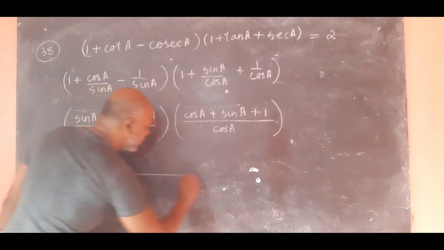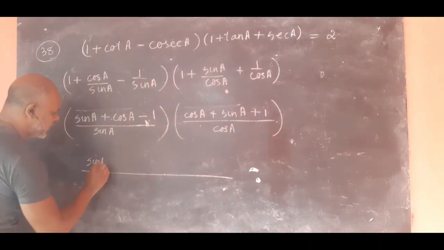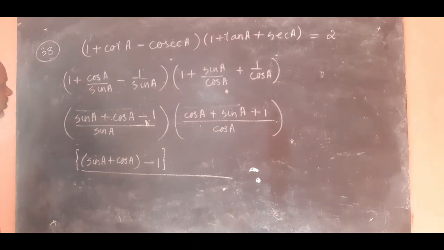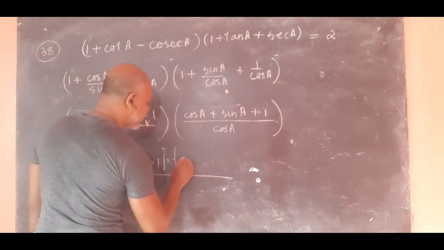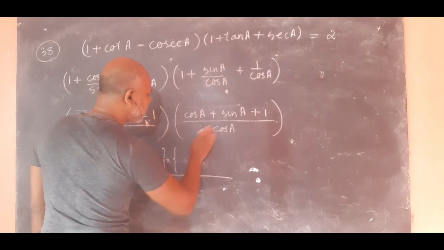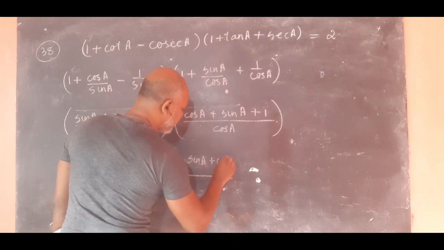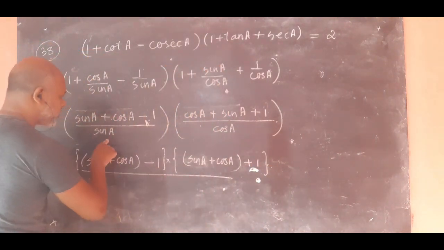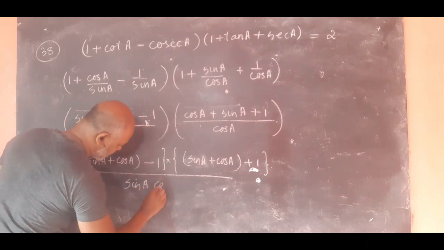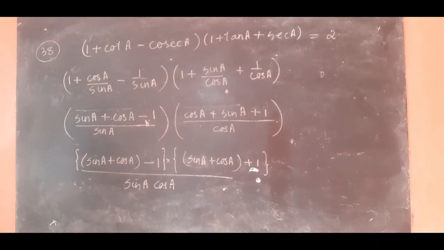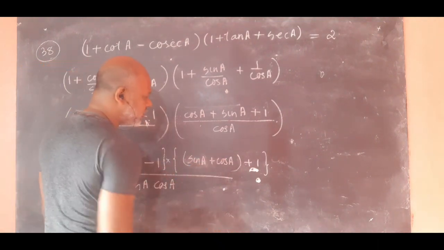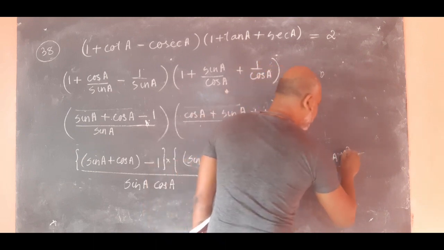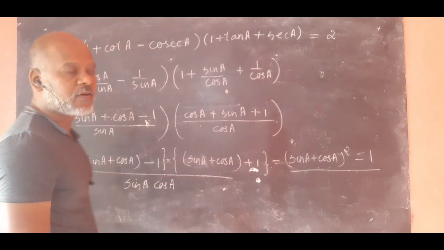On the numerator side we can write sin A plus cos A minus 1 into sin A plus cos A plus 1 divided by sin A into cos A. So here this is the form A minus B into A plus B. So I can write it as sin A plus cos A whole square minus 1 divided by sin A cos A.